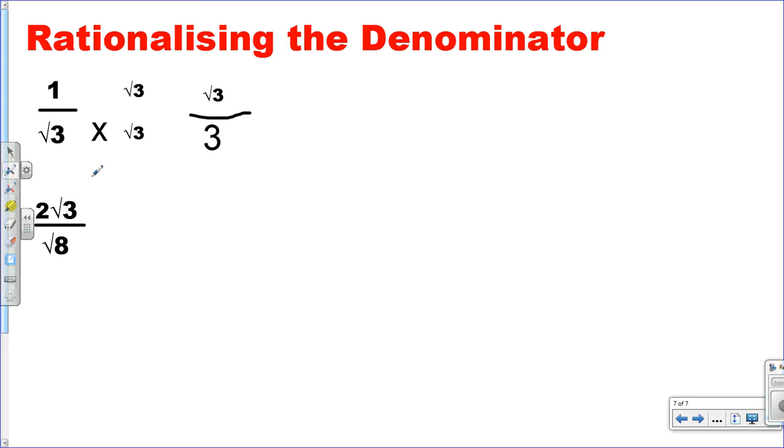What about this one? This one's a bit trickier. So we do the same thing again. We times the bottom by itself and then we times the top by that as well. So let's just get the square root sign. Let's say we've got 8 there, and 8 there as well. Now we'll have a square root in front of it.